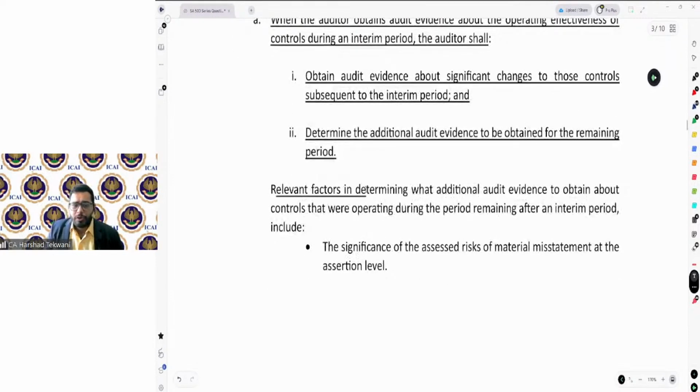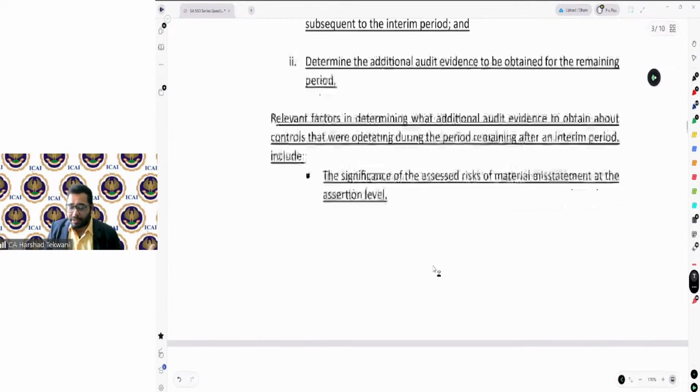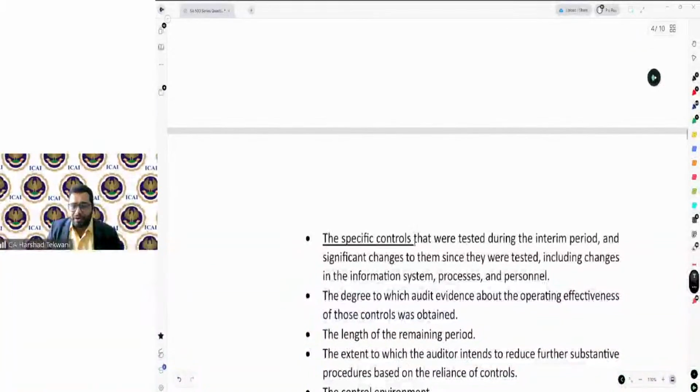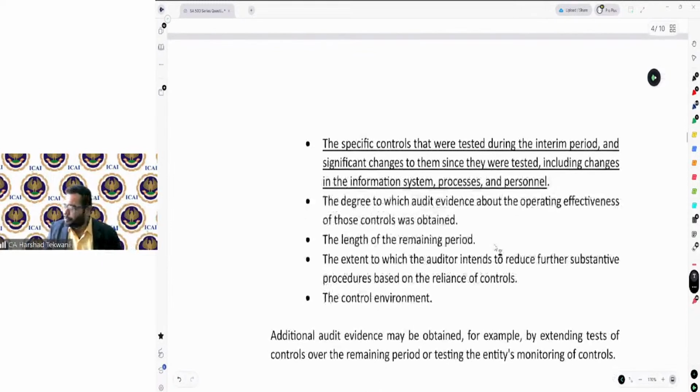Now, relevant factors in determining what additional audit evidence to be obtained about the controls that were operating during the period remaining after an interim period include the significance of the assessed risk of material misstatement at the assertion level, that how much risk is there, the specified controls that were tested during the interim period, and the significant changes to them since they were tested, including information system, processes, and personnel.